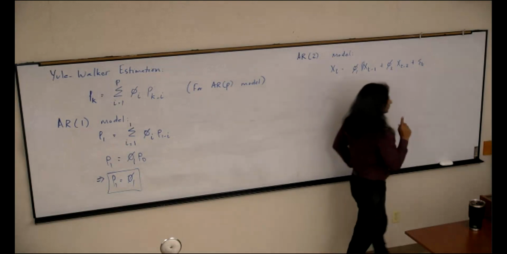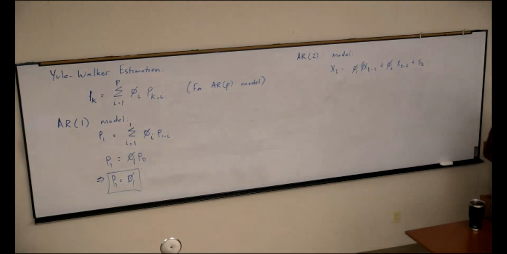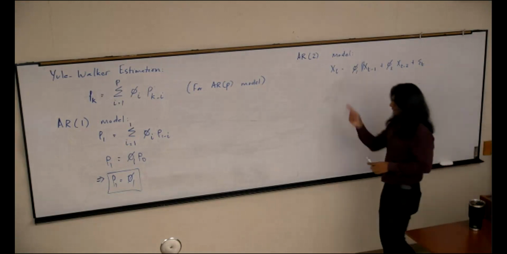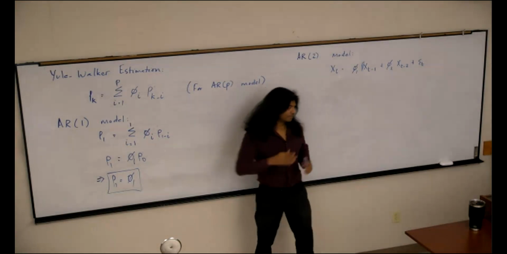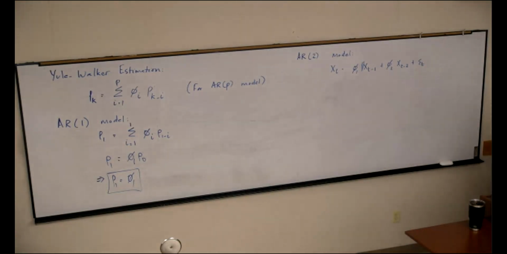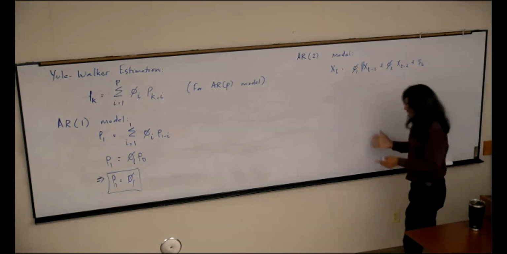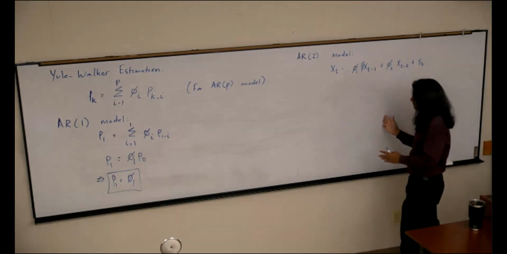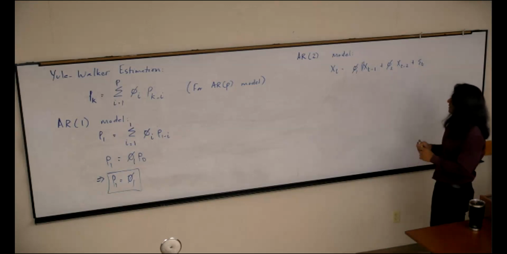So we have two coefficients to fit, phi1 and phi2. And how do we get those values? We are going to make use of the autocorrelation function, which is why I said the most important function in time series is the autocorrelation function.